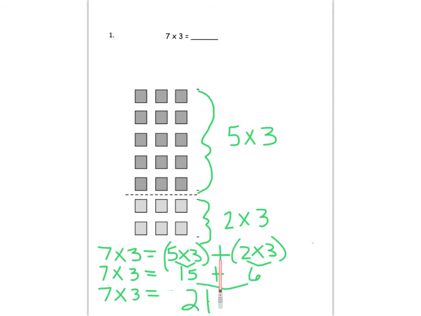And I'm adding my 2 arrays up. So I have a total product of 21. So 7 times 3 equals 21. And I solved that using the distributive property.